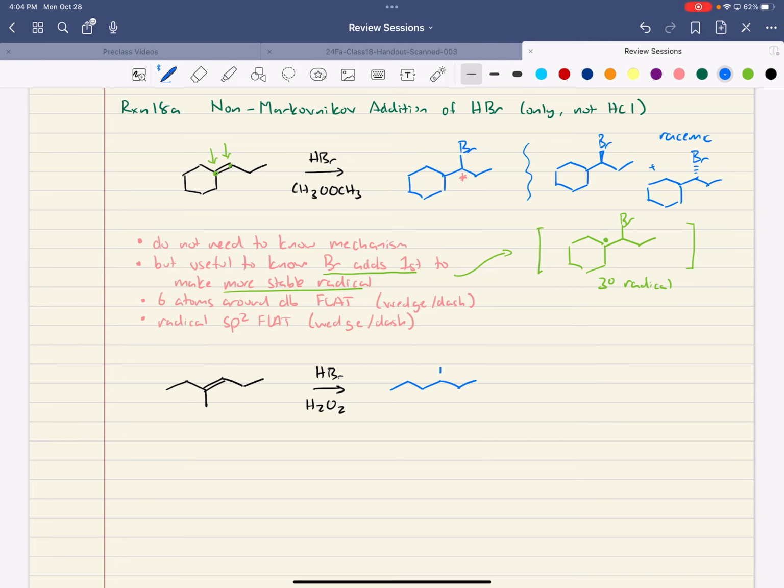So the bromine goes here. The hydrogen went on this carbon, which was a tertiary radical, and this is what I wanted. Chiral there, chiral there. So ultimately, and I'm not going to draw it here for you, you have 4 stereoisomers. One of them is this.